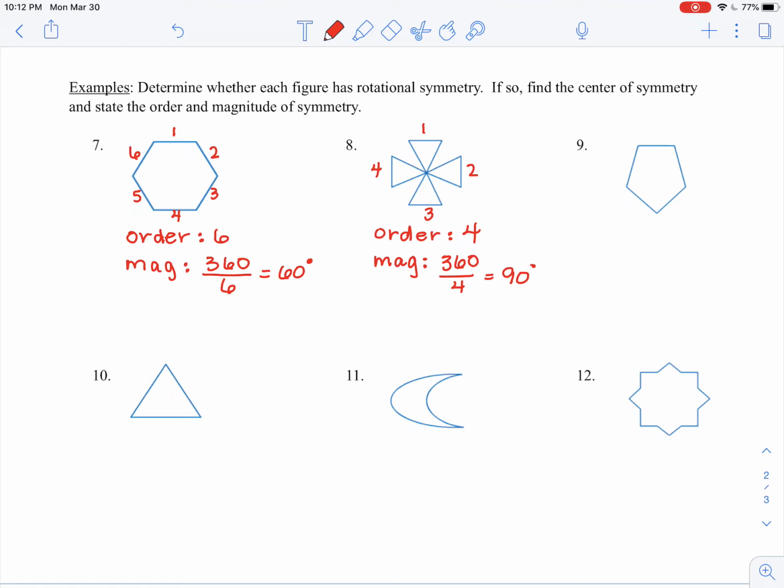Question number 9. This polygon, this pentagon, is not regular. So unfortunately, this does not have rotational symmetry. We can't turn the object and end up with the exact same picture.